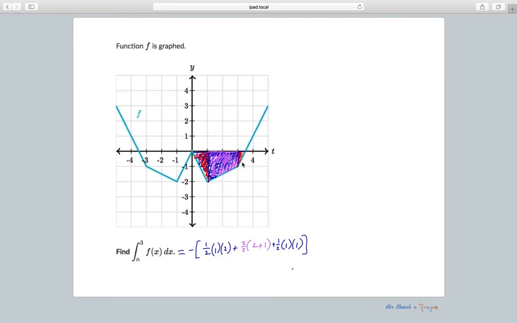Close that out, and then I already have that negative out front to make sure I interpret my final answer as negative. So I get 1 plus 3 plus half. So that's 4.5, so 9 over 2. So the final answer is negative 9 over 2.